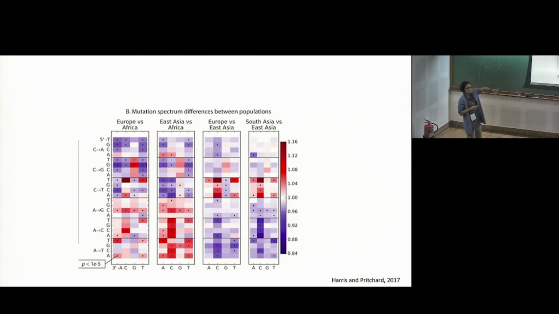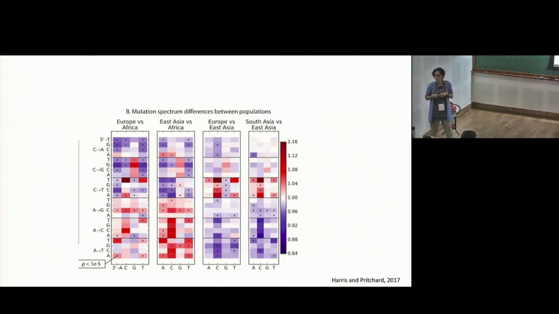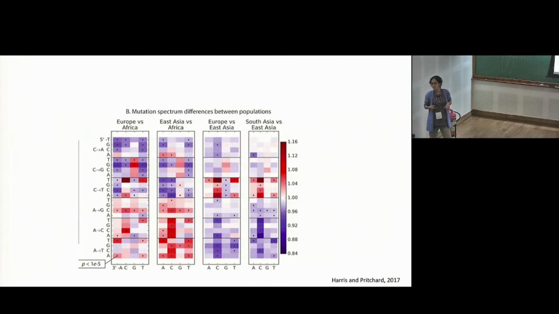This is really completely underexplored. We have no idea what the underlying causes of something like this are. It could be exposure not just to the environment, but, for example, melanin, right? East Asians have different amounts of melanin in their skin compared to South Asians. So that could again point to that TTC to TCC signature.